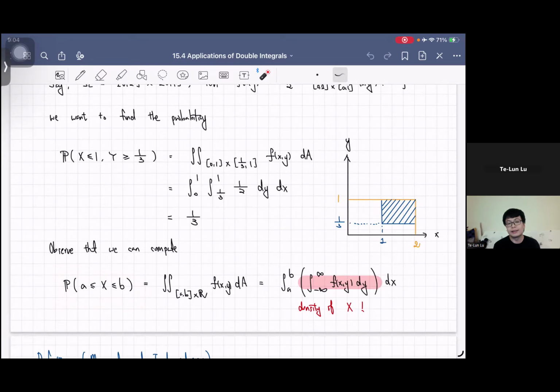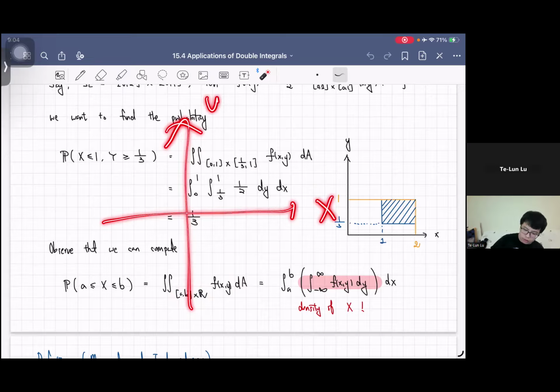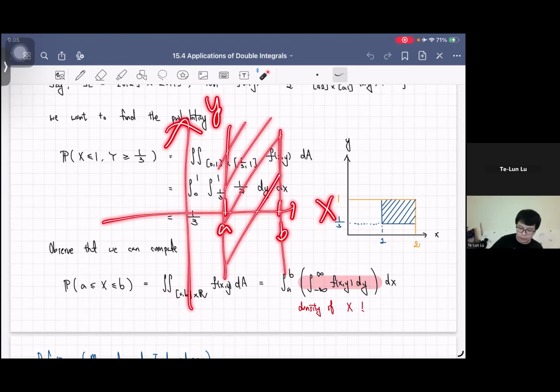In this case, we do not care about the random variable Y, right? So Y can be everywhere. That is why this is R, the whole real line. And we care about X being within A and B. So we're integrating this density function on A,B cross R. In terms of the graph, it is simply A,B, and we're integrating on this strip.